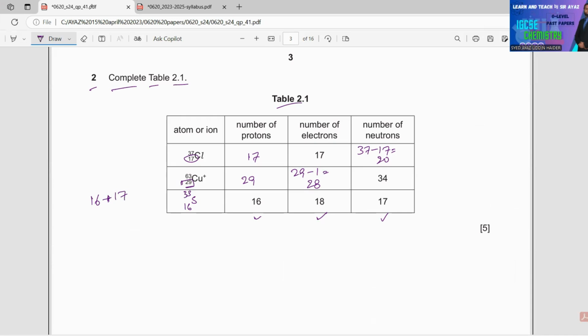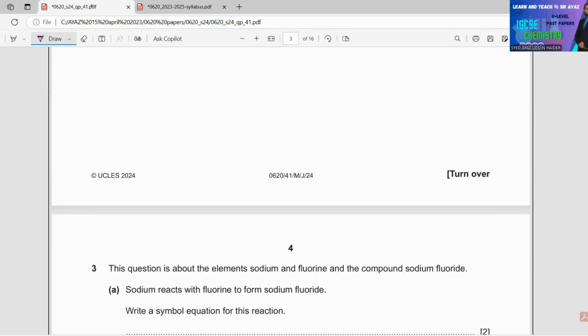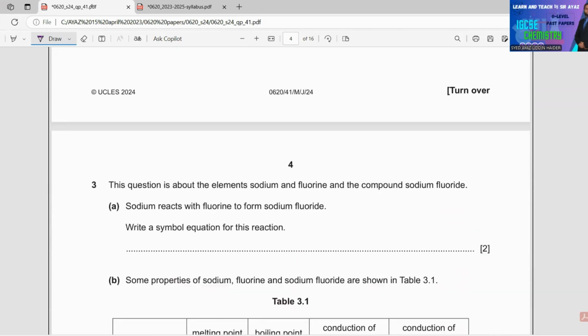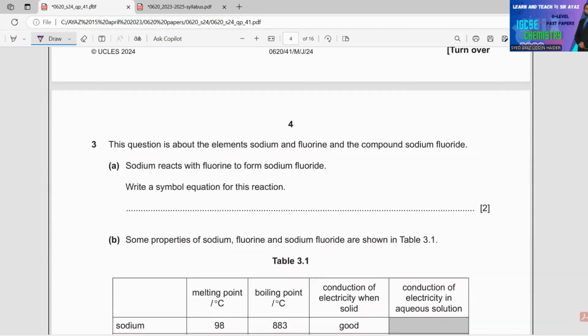As you can see, there are 18 electrons, which means there are 2 more electrons. So you have to write -2 or 2 minus above sulfur. 2 minus or -2, both are correct. Moving to next question.